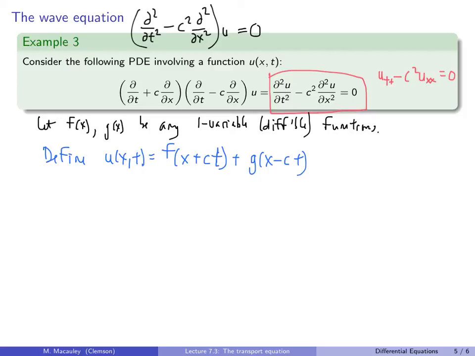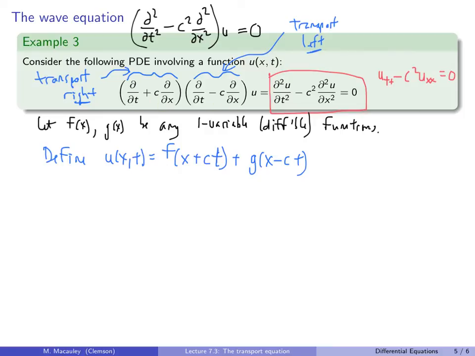Okay, so this thing on the left is the transport to the right operator, and this thing gave us the PDE, that was transport left. And I forgot my t over here. Okay, so if I plug this function into this PDE, I hit it with this operator and then this operator. It doesn't matter what order, these things commute.